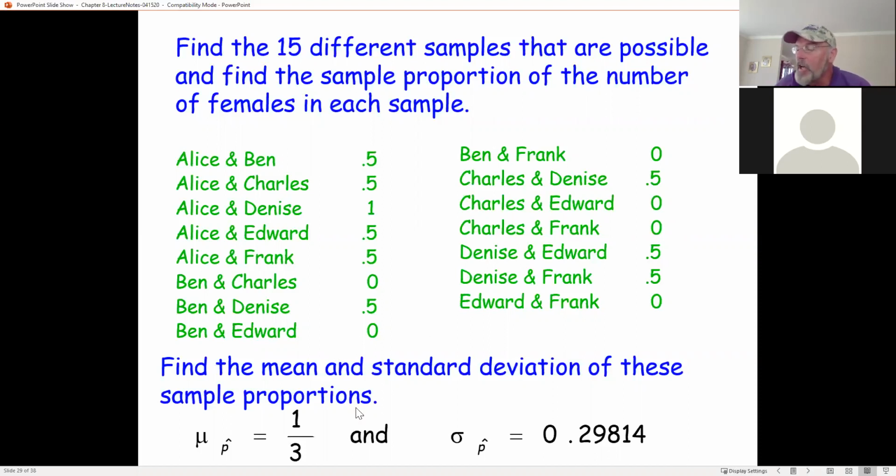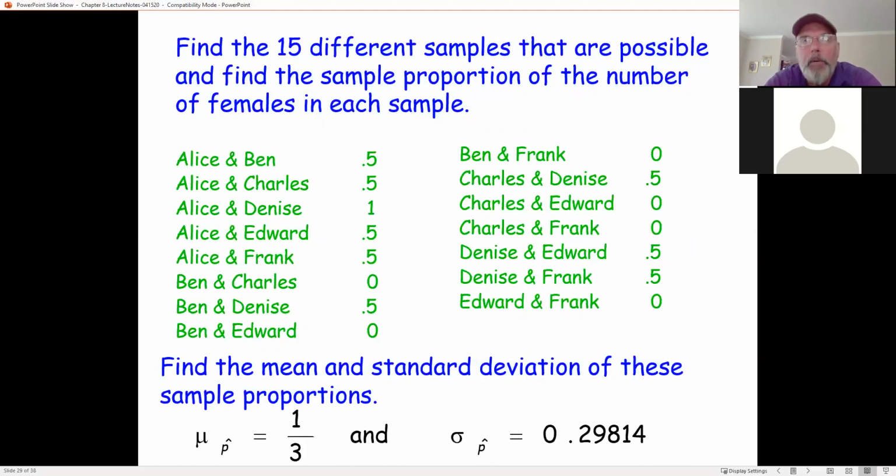The sigma, the standard deviation of all these values right here, is going to be 0.298.